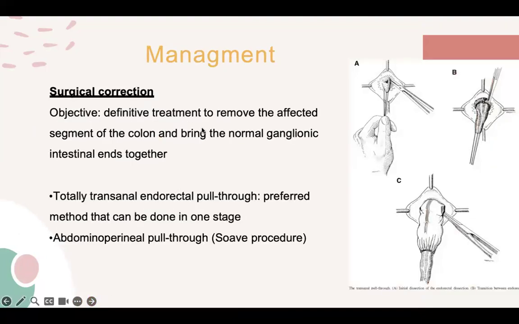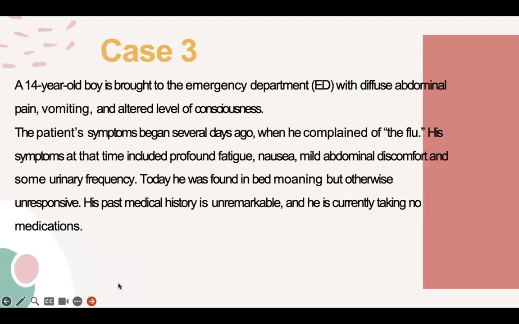Surgery can be done as a one-step or two-step surgery. So these are the different surgical methods for management. Totally transanal endorectal pull-through is the preferred method and can be done in one stage. Abdominoperineal pull-through can be done as a two-stage procedure as well.